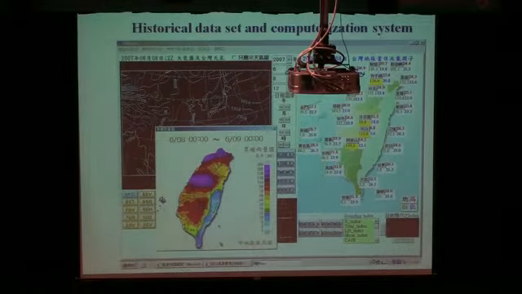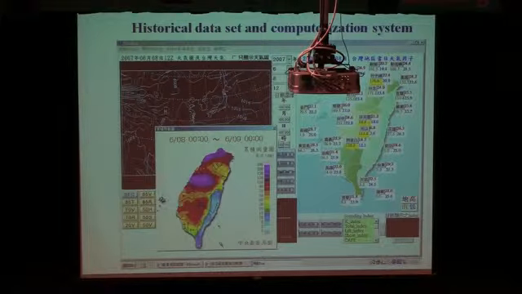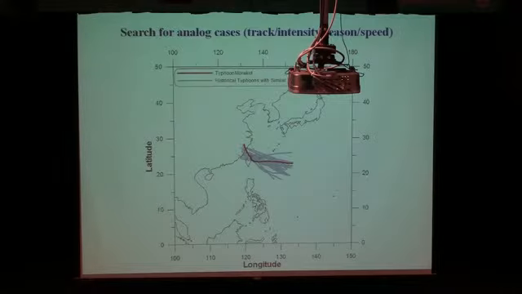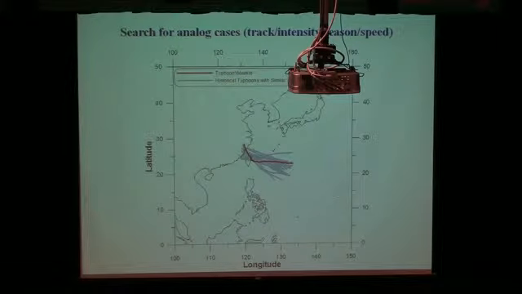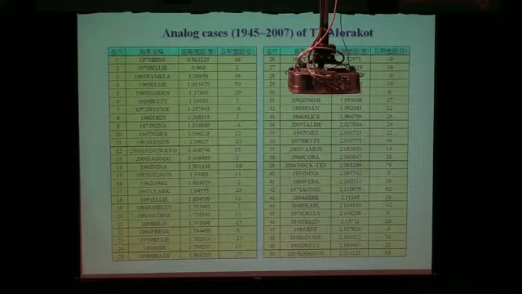For the analog approach, the Central Weather Bureau has already collected quite a complete historical data set and made it accessible on a computerized system, so the forecaster can easily find analog, similar typhoons from the past.